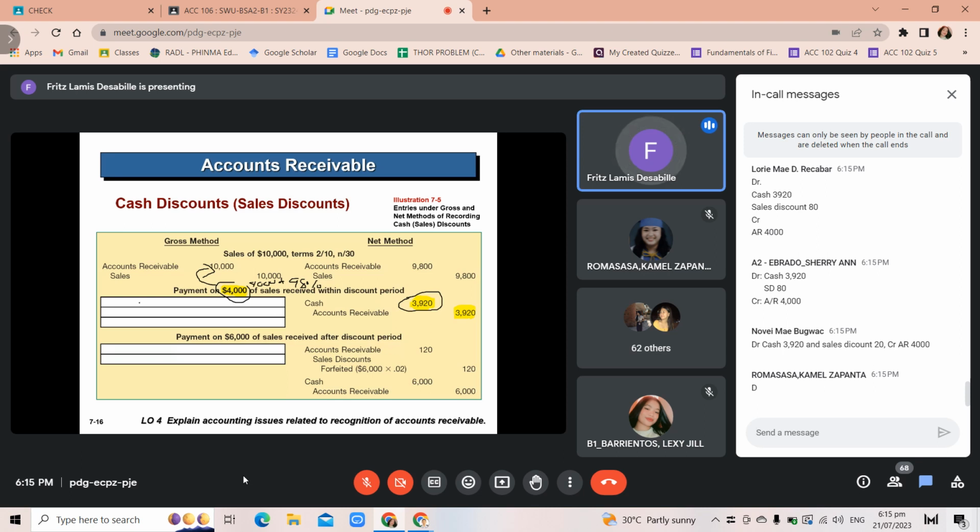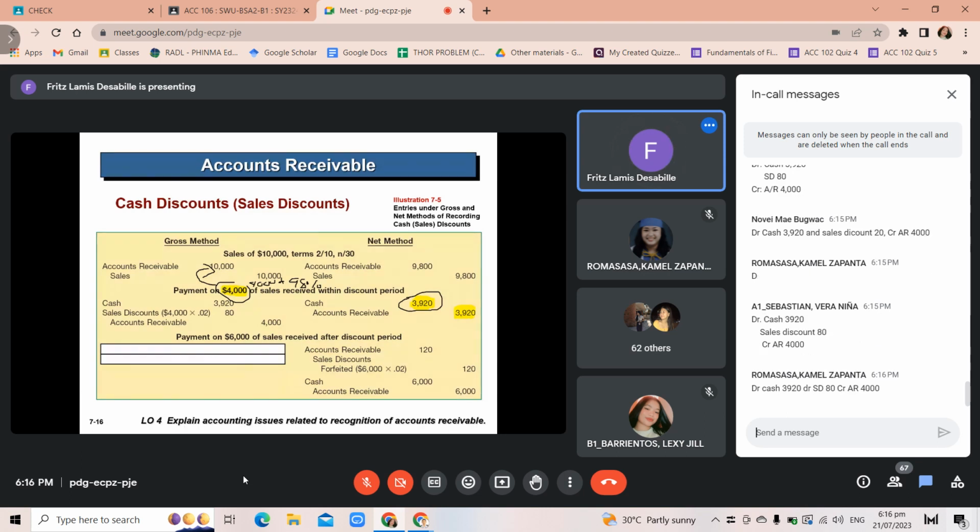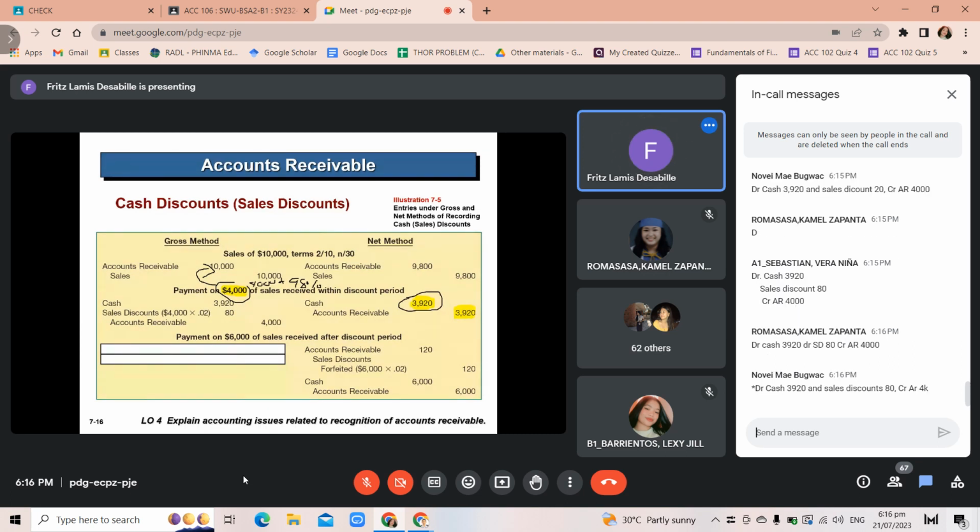So you debit cash 3,920 and credit AR 4,000. The difference between the two is what we call sales discount. So, correct: debit cash 3,920, debit sales discount 80, and credit AR 4,000.